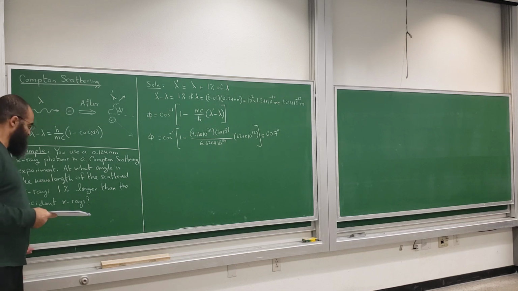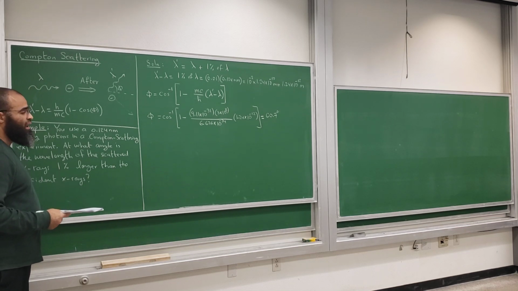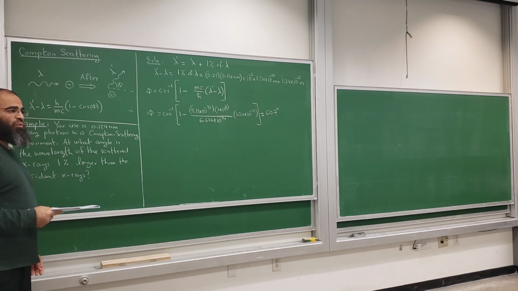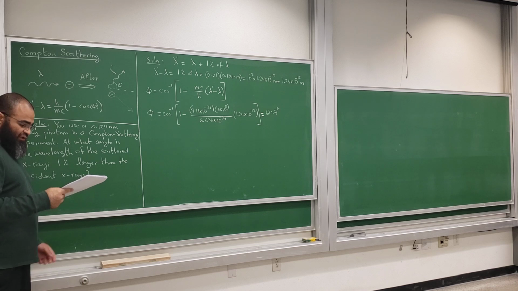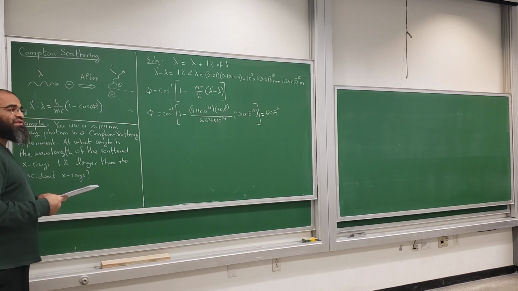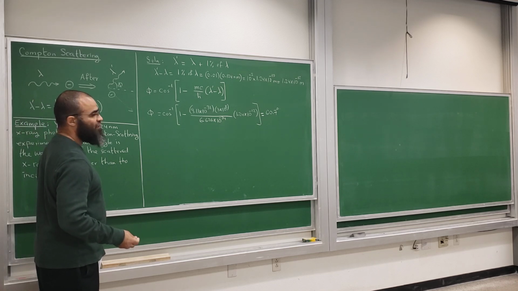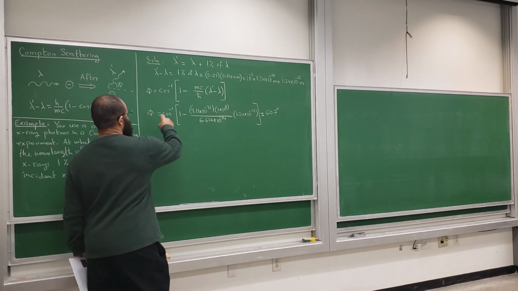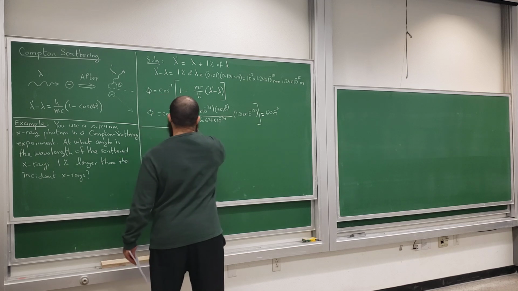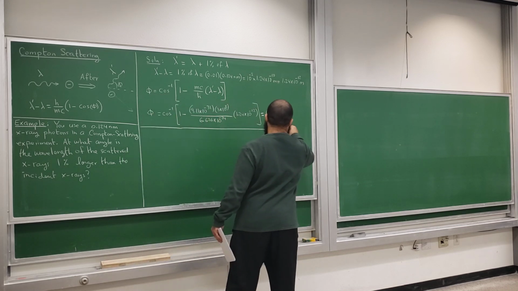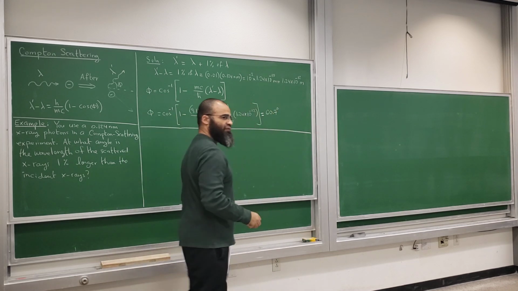Now, the next topic would be pair production or pair annihilation. Before I discuss that one, I would like to calculate how much energy is in these X-ray photons. How much energy do they have?